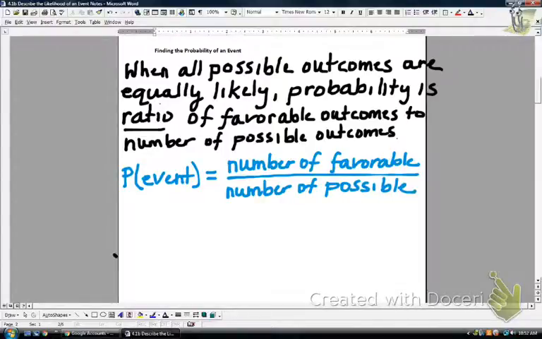So that's what it looks like, and then when you know the number of favorable outcomes and the number of possible outcomes, then you can divide them and convert that to a percent. So let's look at our first example.